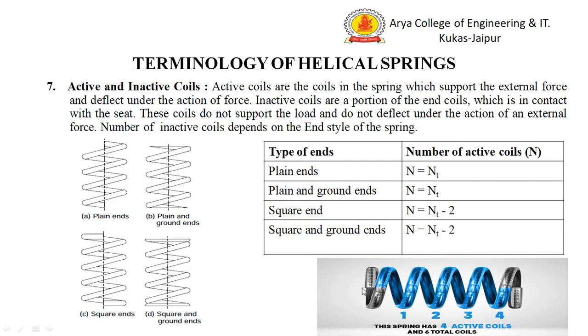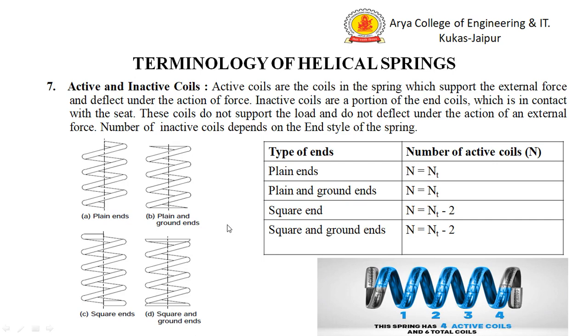And this portion of the end coils does not support the forces. These are the inactive coils. Number of inactive coils basically depends on the end conditions, or we can say the end style of the spring.